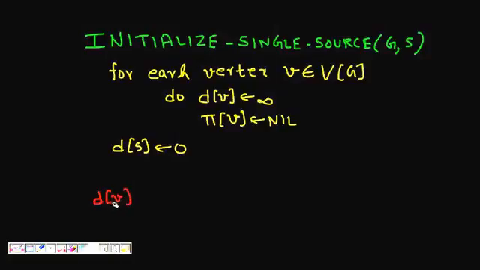It means the distance of node V from the source node S, and here distance of course means the shortest distance that is found till that particular iteration. So this is one of the data structures. Another one is pi of V. So pi of V is the parent node of V.